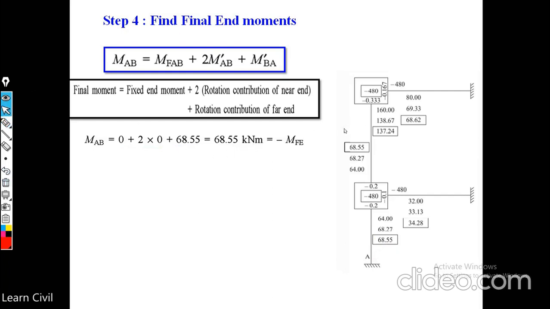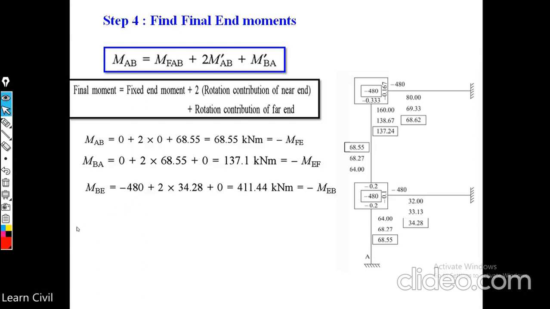Similarly for BA, the fixed end moment for BA is 0 plus 2 into rotation contribution at near end, that is 68.55, plus rotation contribution at far end. Here we have the rotation contribution as 0, therefore we get MBA equal to 137.1 kilonewton meter.